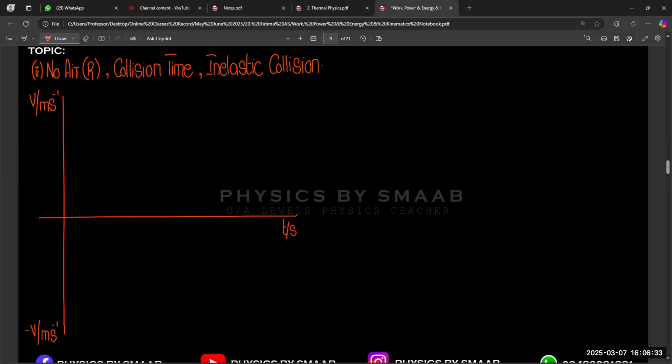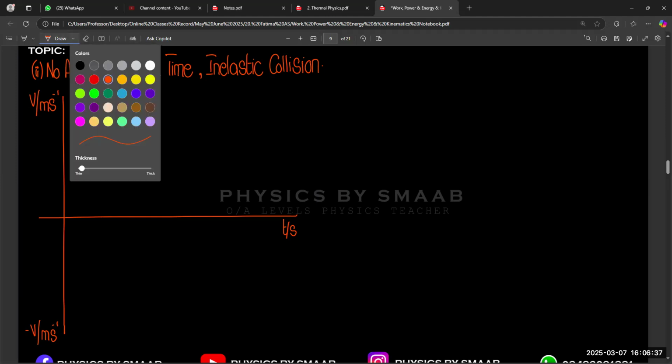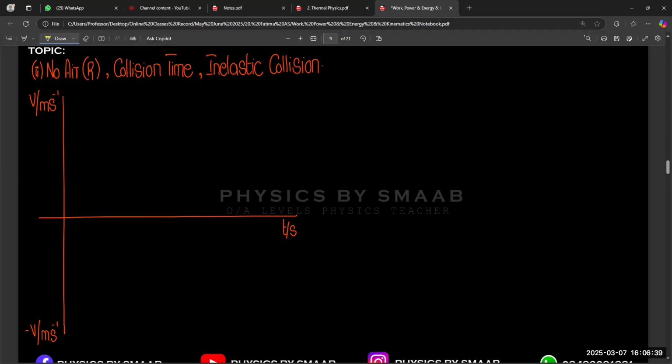So, for example, if we start from maximum height of the same value, let's suppose 10, just like the last time we discussed, we drop the ball and it reaches the maximum of 10 meter per second.